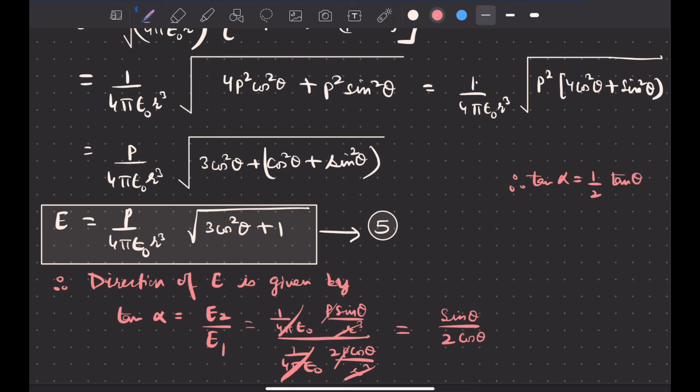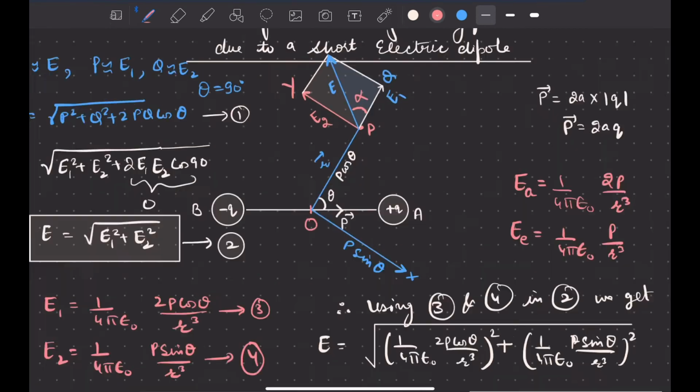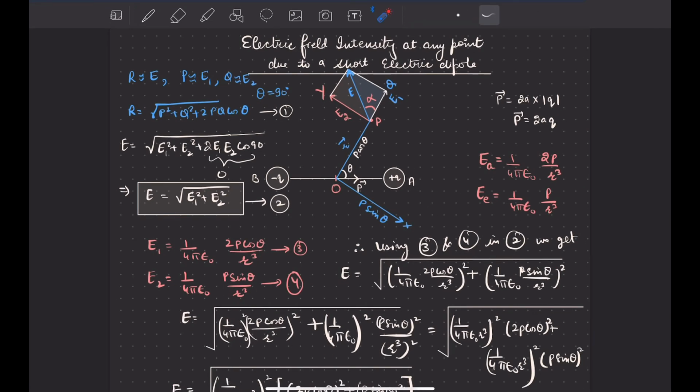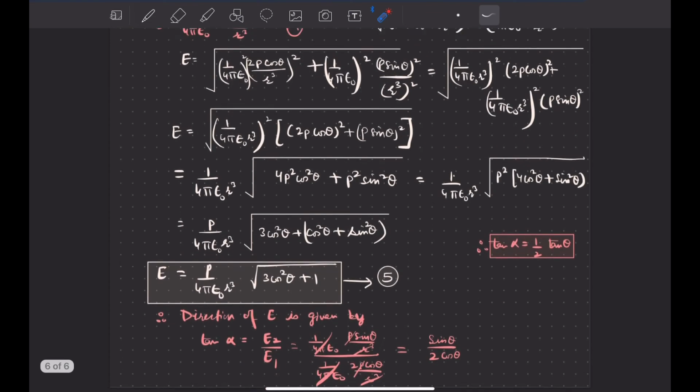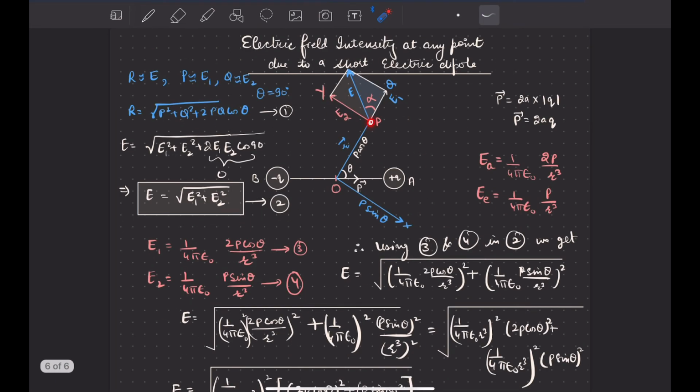This expression gives us the relation between the direction of the resultant electric field intensity and tan theta, where theta is the angle made by the dipole moment with the OP distance. So this is all about the electric field intensity at a point which does not lie on the axial line of the dipole and does not lie on the equatorial line of the dipole.